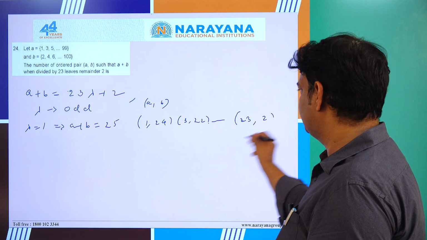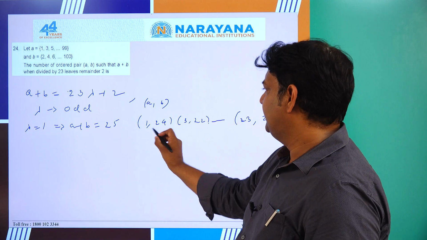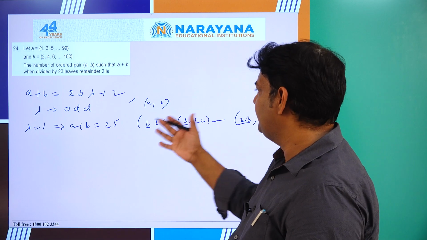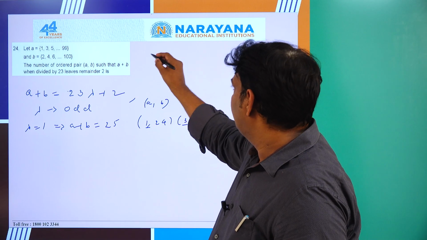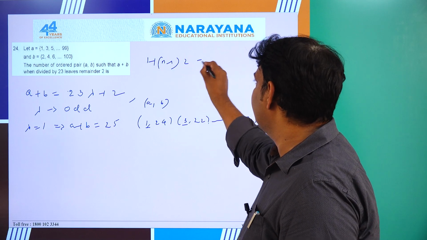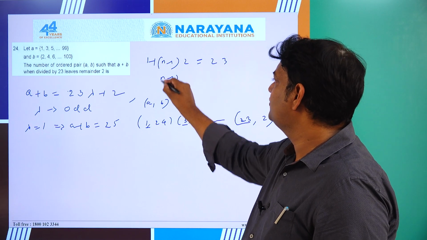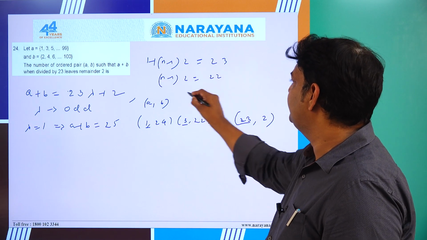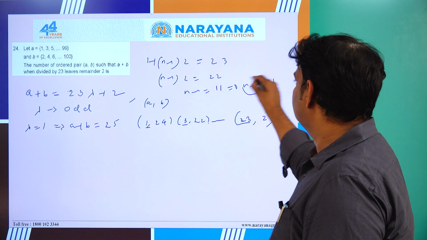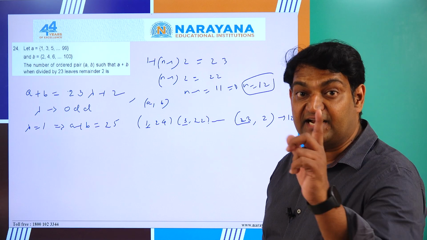Then B should be 2. So how many pairs exist? 1, 3, 5 up to 23 is an AP. A plus n minus 1 into D equals 23, so n minus 1 into 2 is 22, n minus 1 is 11, so n is 12. So 12 ordered pairs exist when lambda is 1.